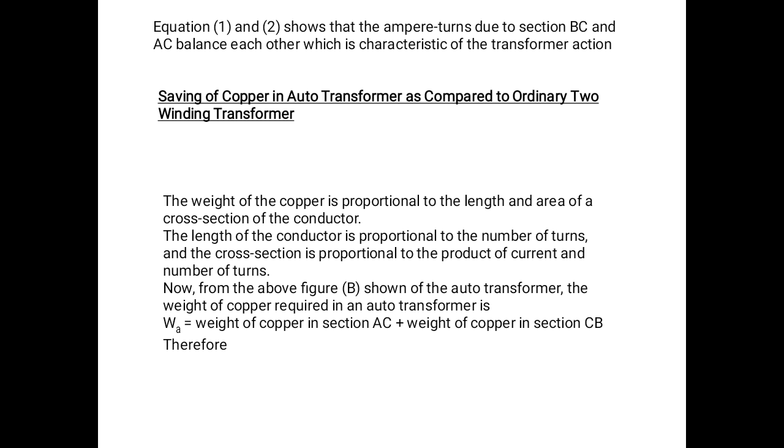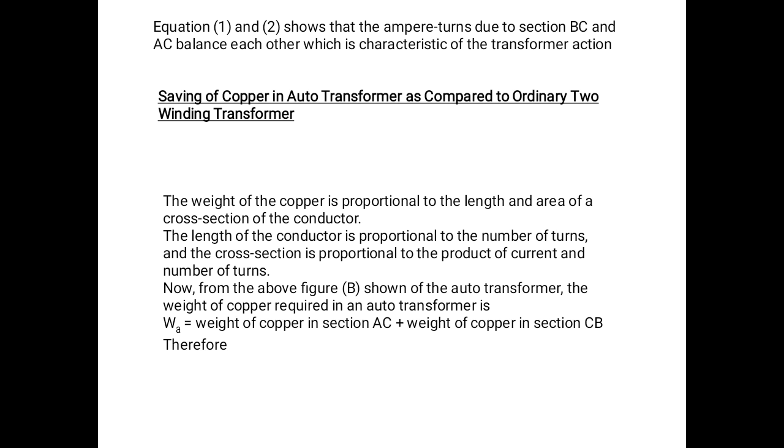It means as length increases, weight of copper increases, and as the size of the wire increases, weight also increases. So the length of the conductor is proportional to the number of turns, and cross section is proportional to the product of current and number of turns. It means on MMF.